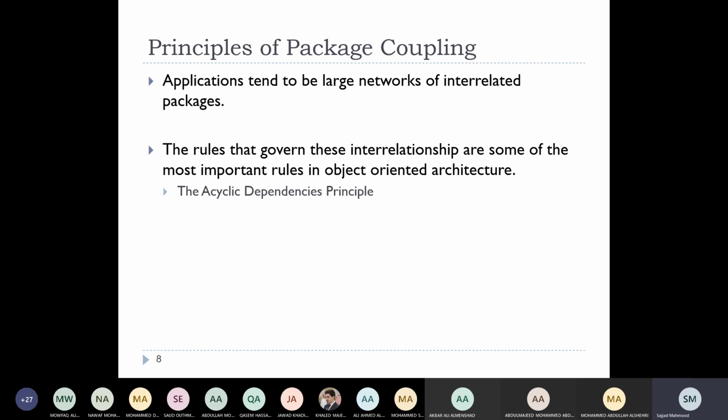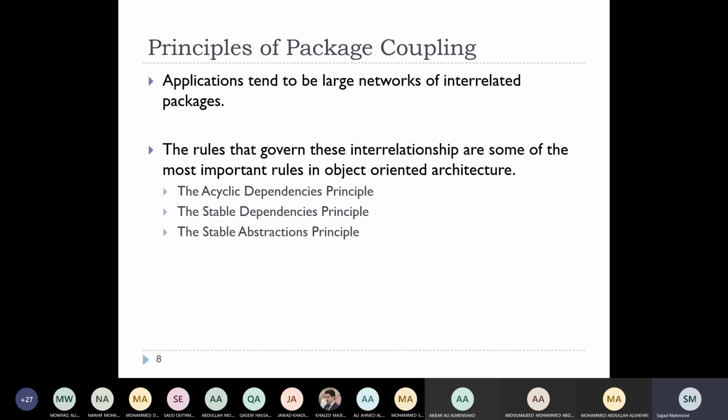So we can have something called the acyclic dependency principle, right? As I said, we can apply this principle to help us improve the package coupling perspective. We can apply the stable dependency principle as well to again improve the package coupling, or the stable abstraction one.